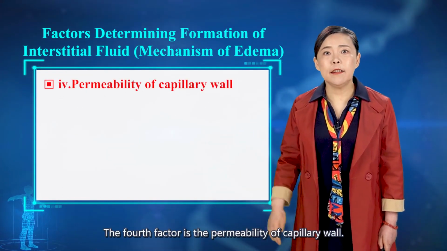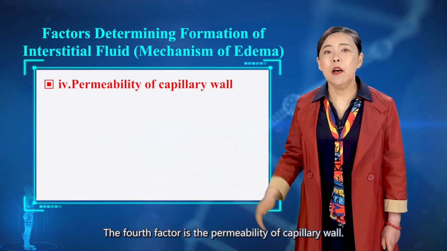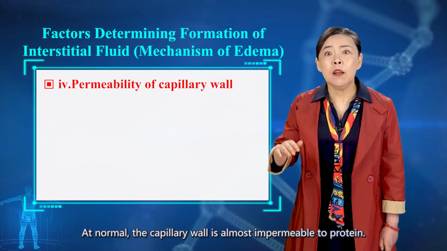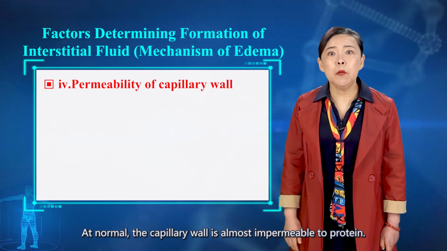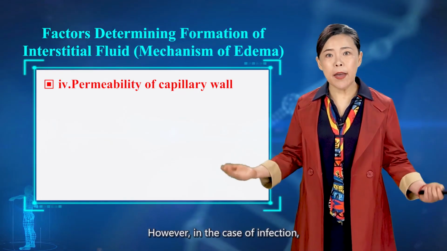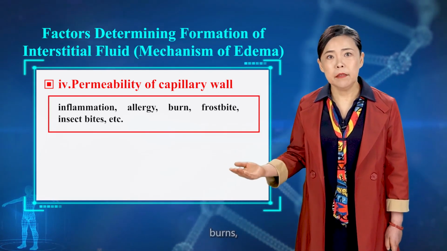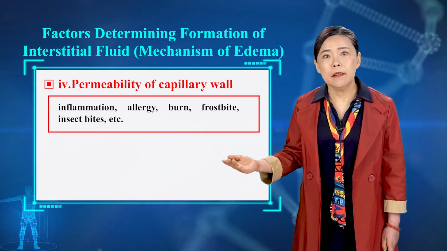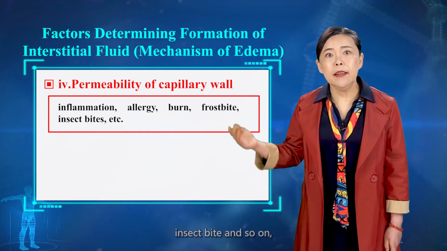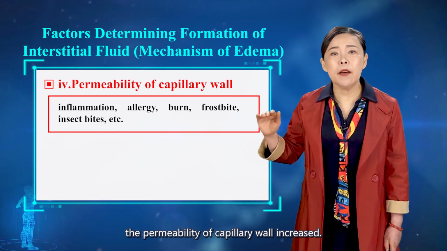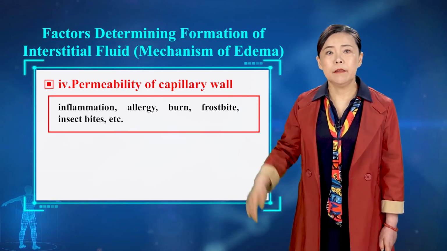The fourth factor is permeability of capillary wall. At normal, the capillary wall is almost impermeable to protein. However, in the case of infection, burn, frostbite, allergy, insect bite, and so on, the permeability of capillary wall increased.